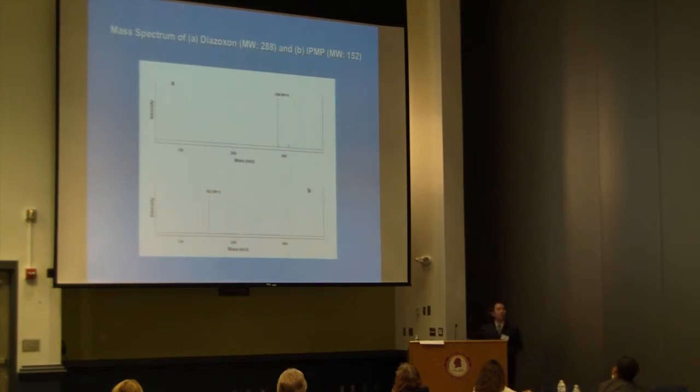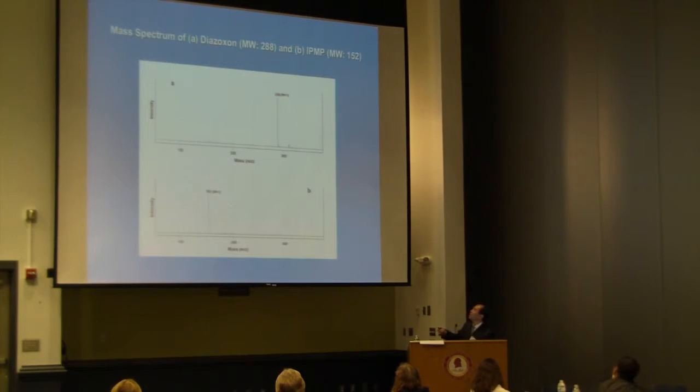Okay, so this is called the mass spectrum. The mass spectrum is a graphic result of the mass spectrometry, and it shows the mass to charge ratio of those analyte compounds.